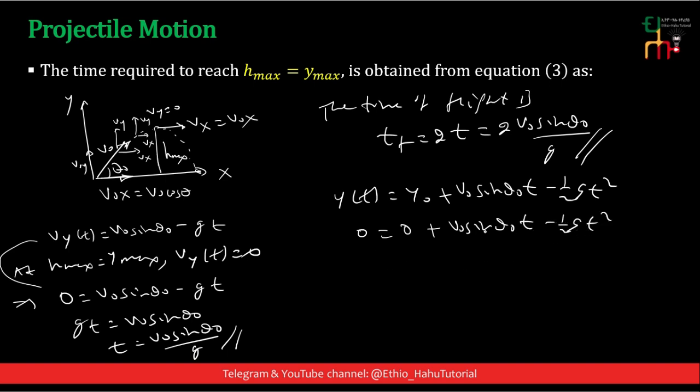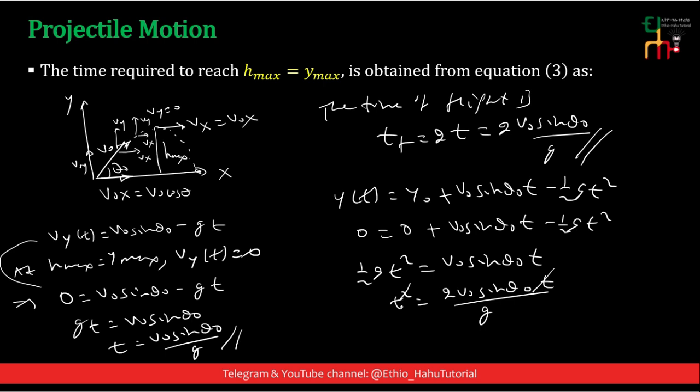Let's bring minus half gt squared to the left. Half times gt squared is equal to V naught sine theta naught times t. Multiply both sides by 2 and divide by g. T squared is equal to twice V naught sine theta naught times t divided by g. But here we have 1t, here we have 2t. 1t goes with 1t. T is equal to twice V naught sine theta naught divided by g.